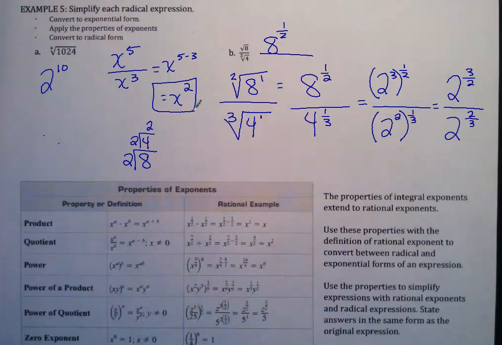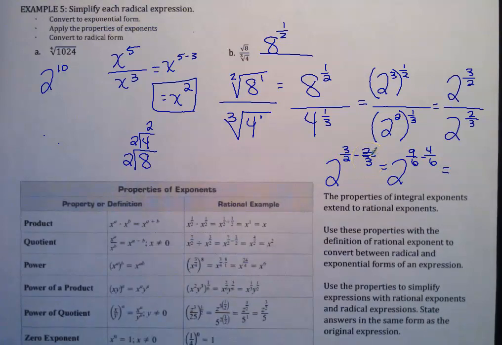So since we have 2 as our base, we can do that same thing. This is equivalent to 2 to the 3/2 minus 2/3. We would need to get them both to 6: 9/6 and 4/6. Okay, so we had to get common denominators in order to subtract them.